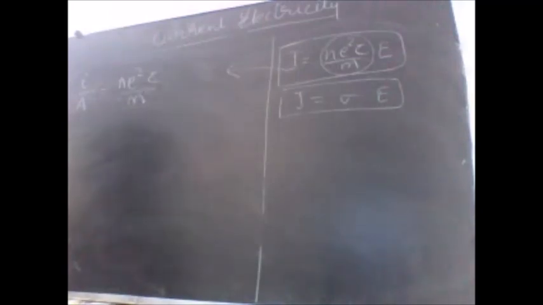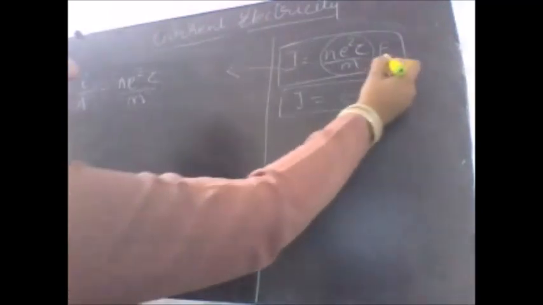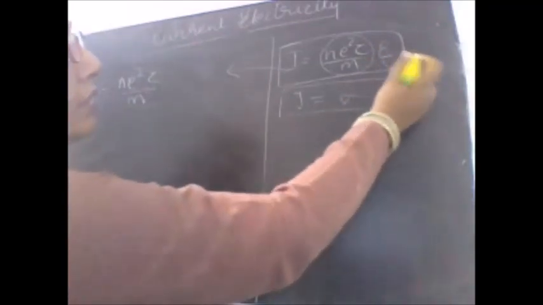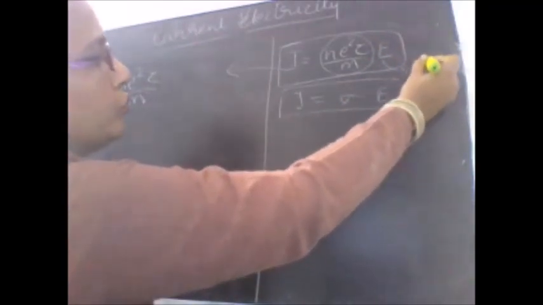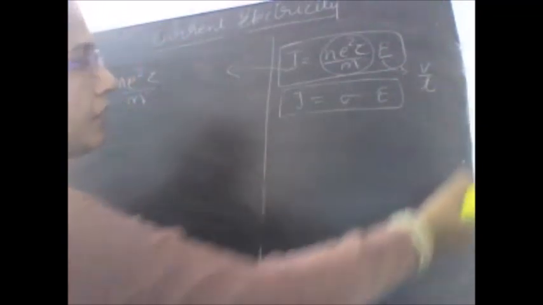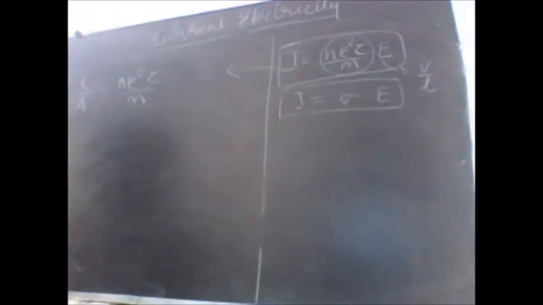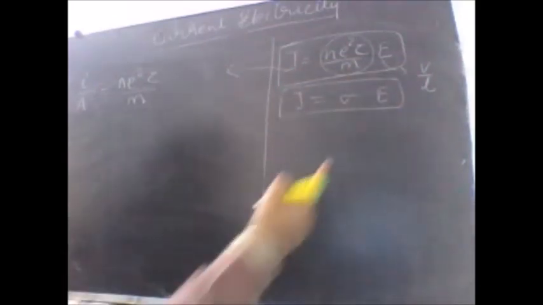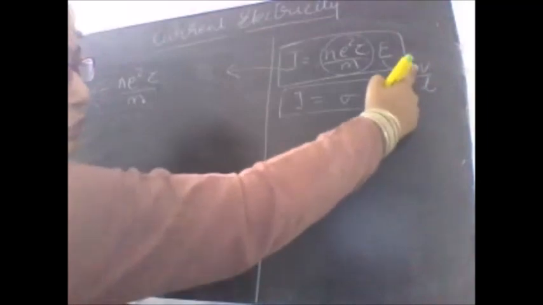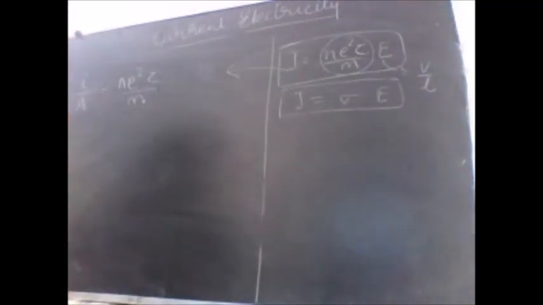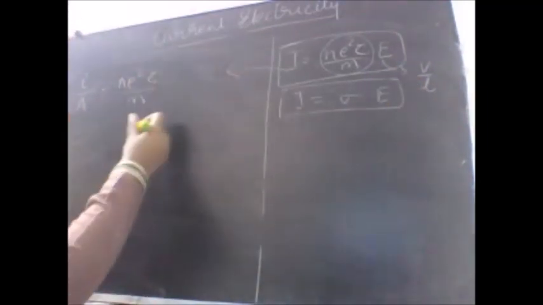electric field in terms of the potential. What can we write for the electric field? Isn't that electric field is equal to V by L, scalar form, V by L. Using that formula that we studied before, that electric field is having the direction in which the potential is falling. So let us substitute that value.